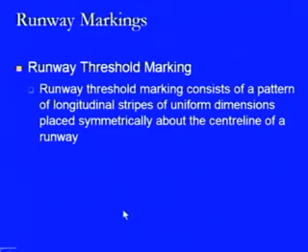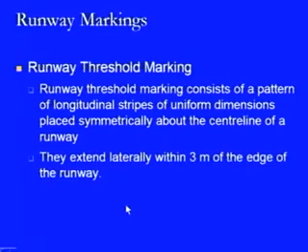And there is another type of marking which we have seen in the previous diagram, the runway threshold marking. This runway threshold marking consists of a pattern of longitudinal strips of uniform dimensions, that is, they are of the same length and same width, and they are placed symmetrically about the center line of the runway strip, and they extend laterally to within 3 meters of the edge of the runway strip.